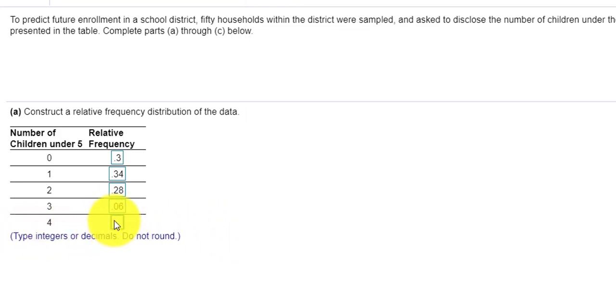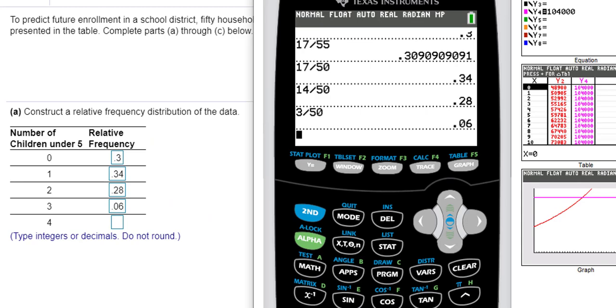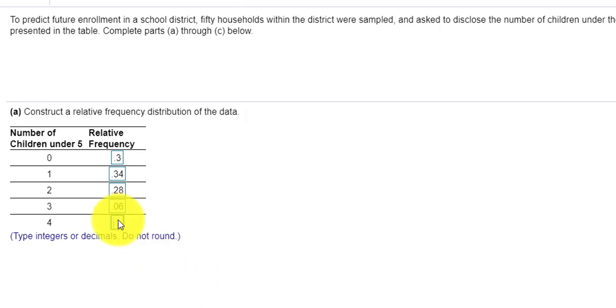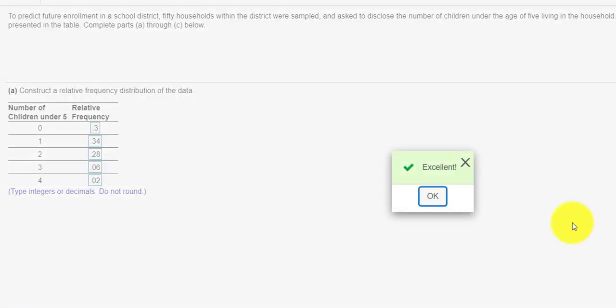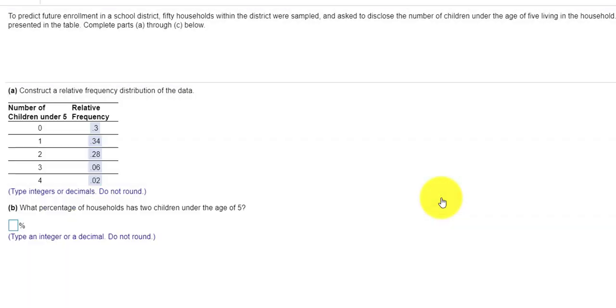And last but not least, I could really guess just whatever value would make this 100%, but we can divide 1 by 50, and I get 0.02. Again, if I've done this correctly, if I sum these values, it should equal 1, which is 100%. We get the excellent.